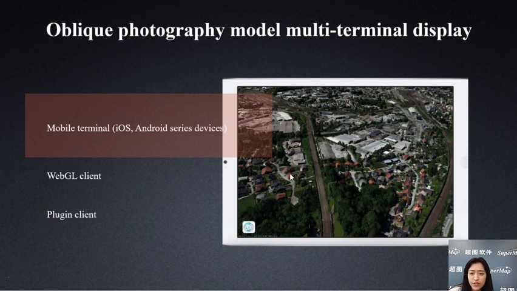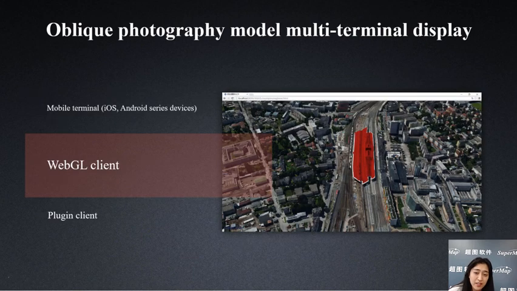The full range of SuperMap JS products supports the oblique photography models, including server, desktop, component, web, and mobile. So the cross-terminal advantage brings a broader and more diversified development potential for the application of oblique photography models in the JS.